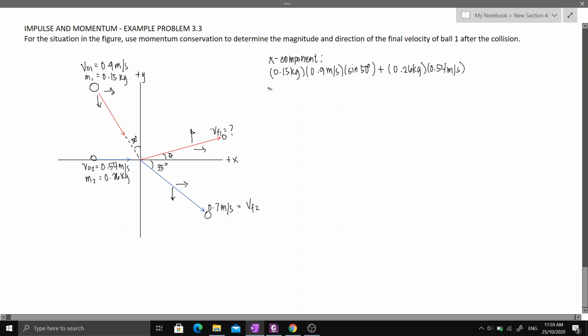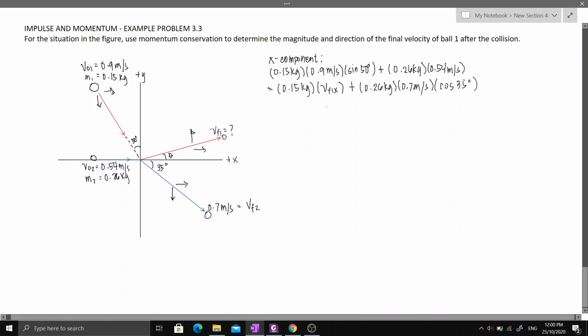And this is equal to the final momentums, 0.15 kilograms times v sub f1x, or the x component of the final velocity of ball 1, plus, again positive, 0.26 kilograms times the velocity 0.7 meters per second times cosine 35 degrees.